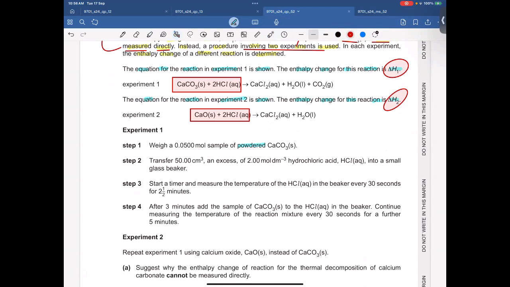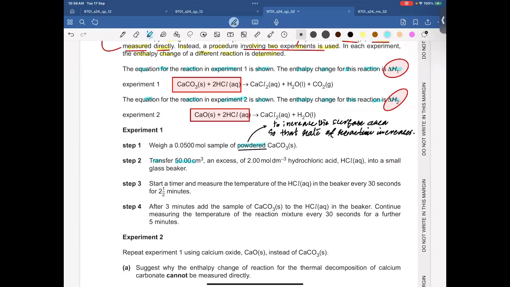To increase the surface area, obviously, so that the rate of reaction increases.